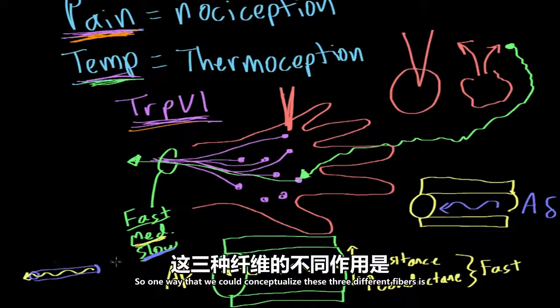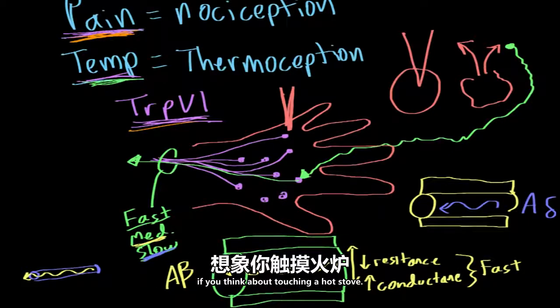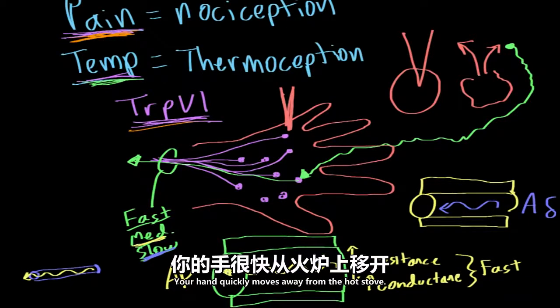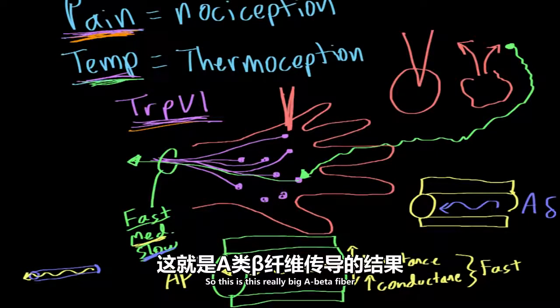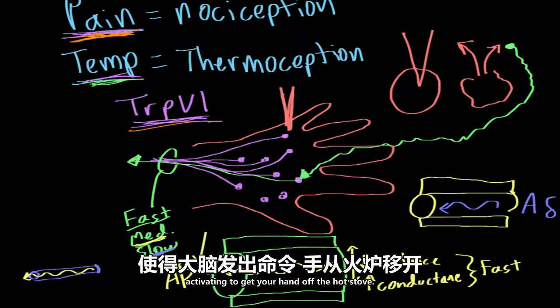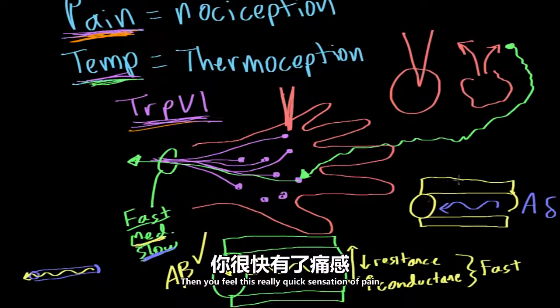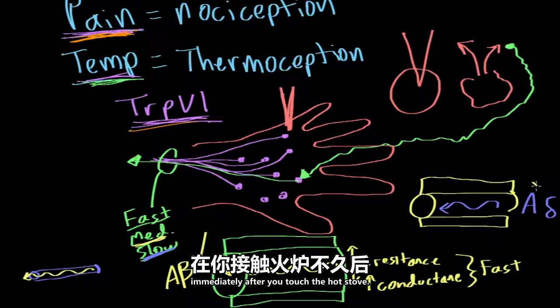So one way that we could conceptualize these three different fibers is if you think about touching a hot stove, your hand quickly moves away from the hot stove. So this is this really big A beta fiber activating to get your hand off the hot stove. Then you feel this really quick sensation of pain immediately after you touch the hot stove.